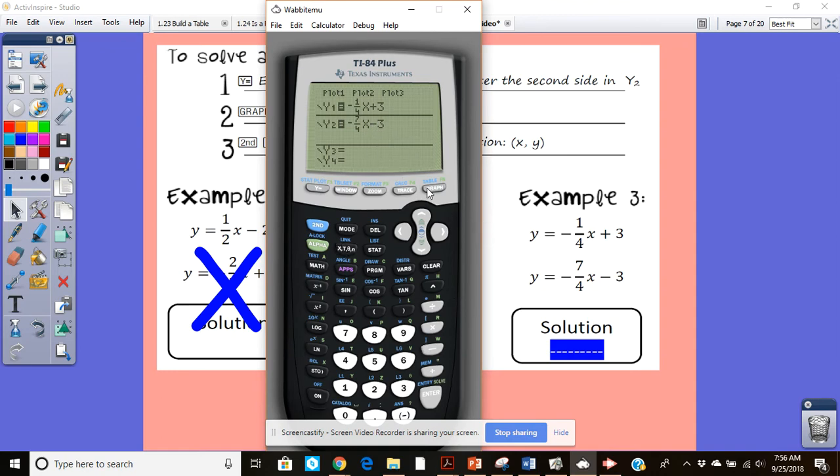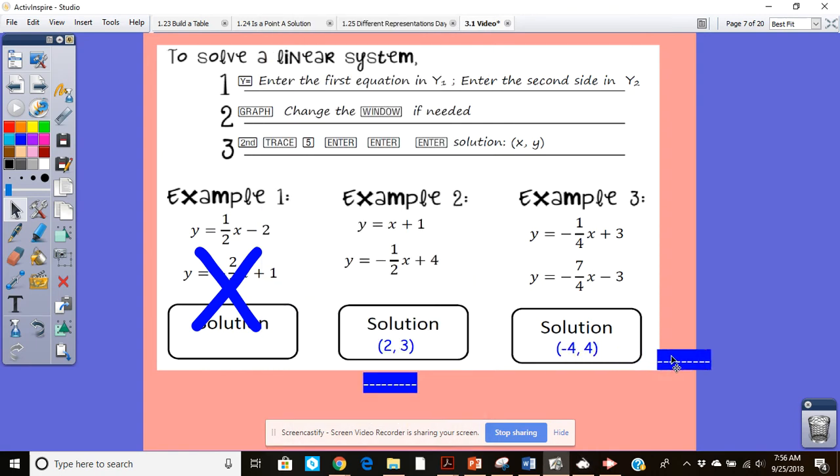So once you type them in, graph, and wait for your graphs to show up. And then second, trace 5, and then enter 3 times. So 1, 2, 3. And so now it tells me here that my intersection is at negative 4, 4. So as an ordered pair, negative 4, 4.